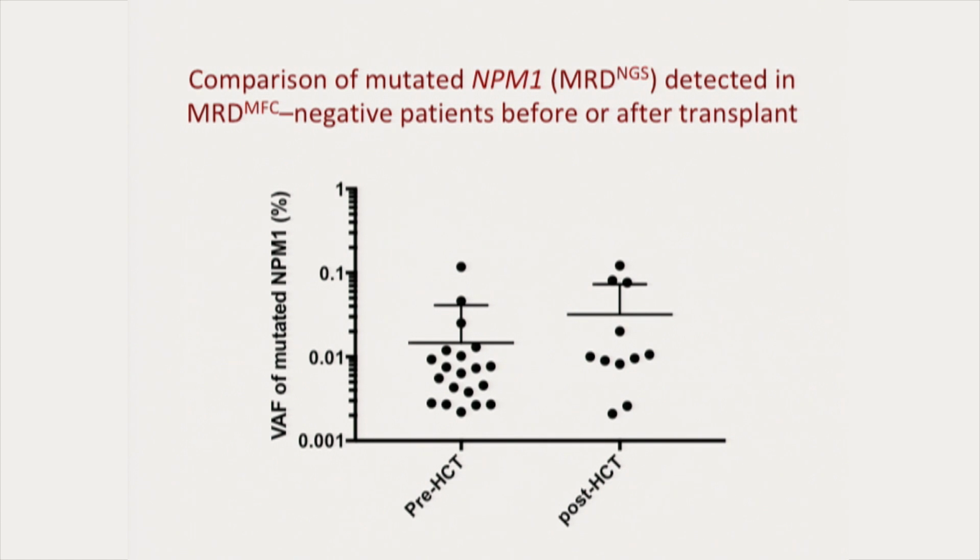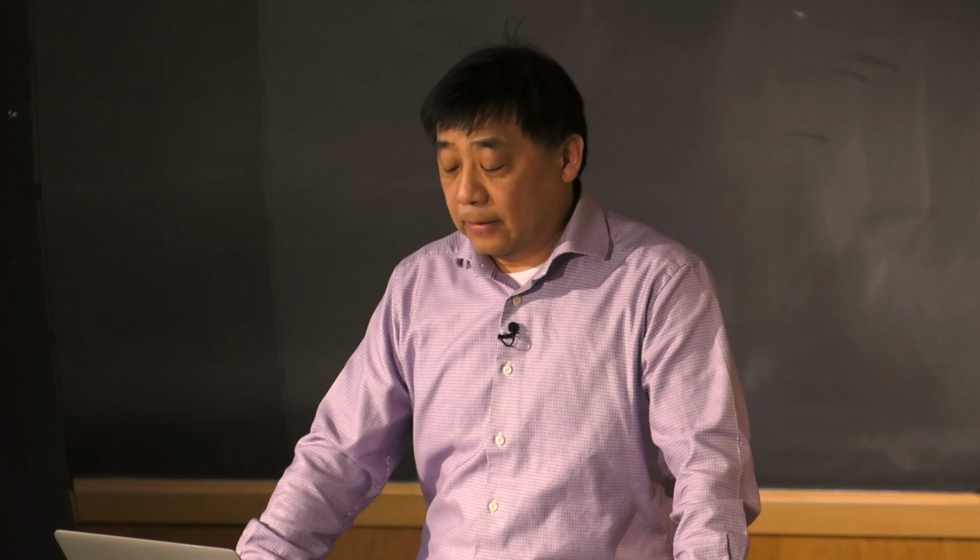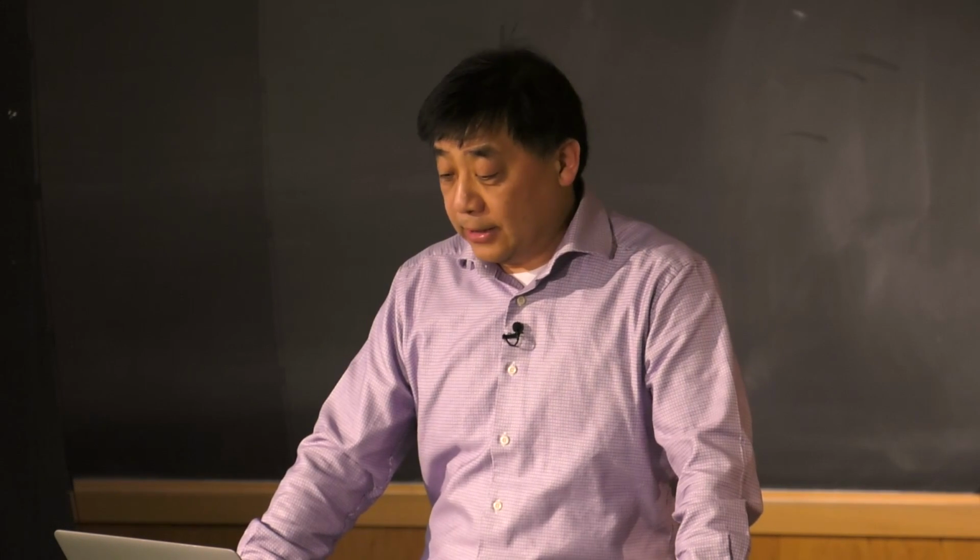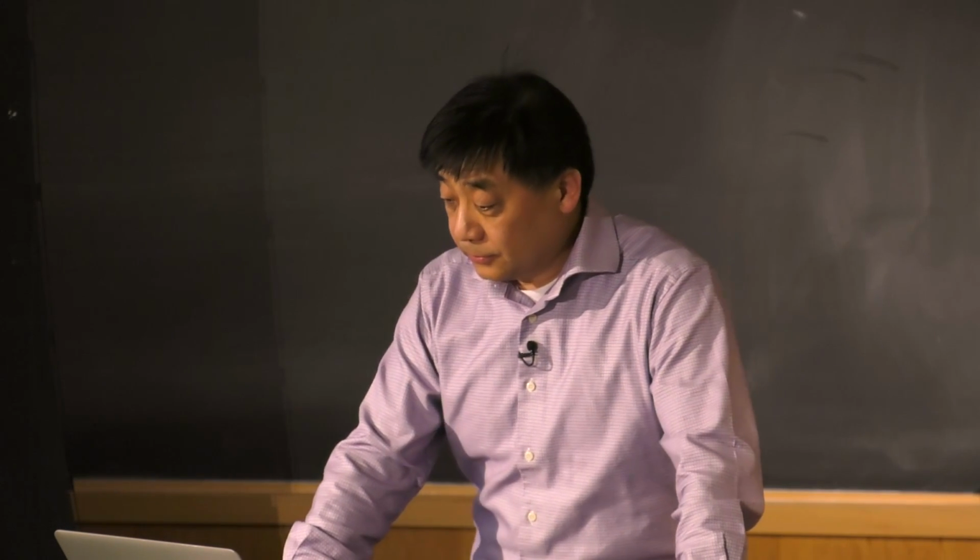So this shows that even at the same or a similar level of MRD detected by NGS, the significance is quite different. The transplant can really neutralize the risk associated with MRD detected by NGS, but not by flow.